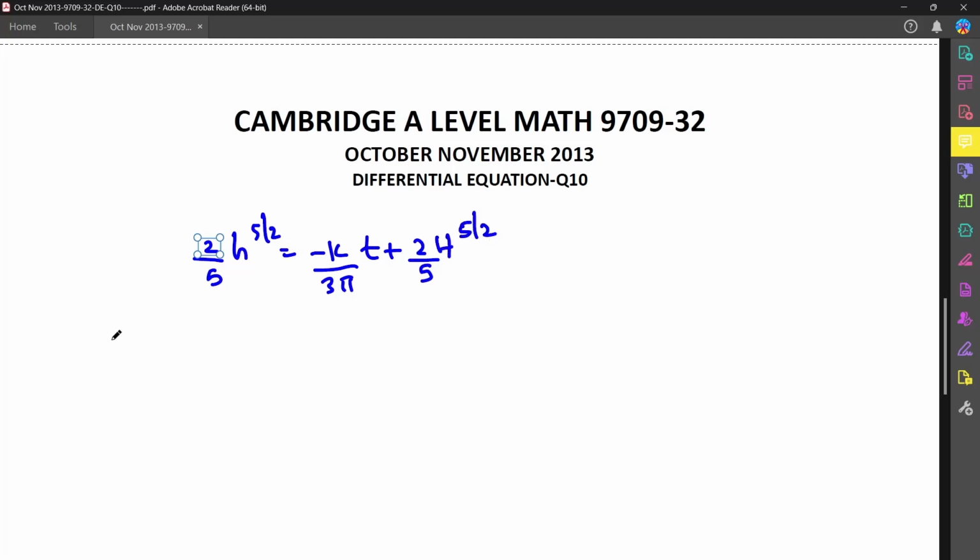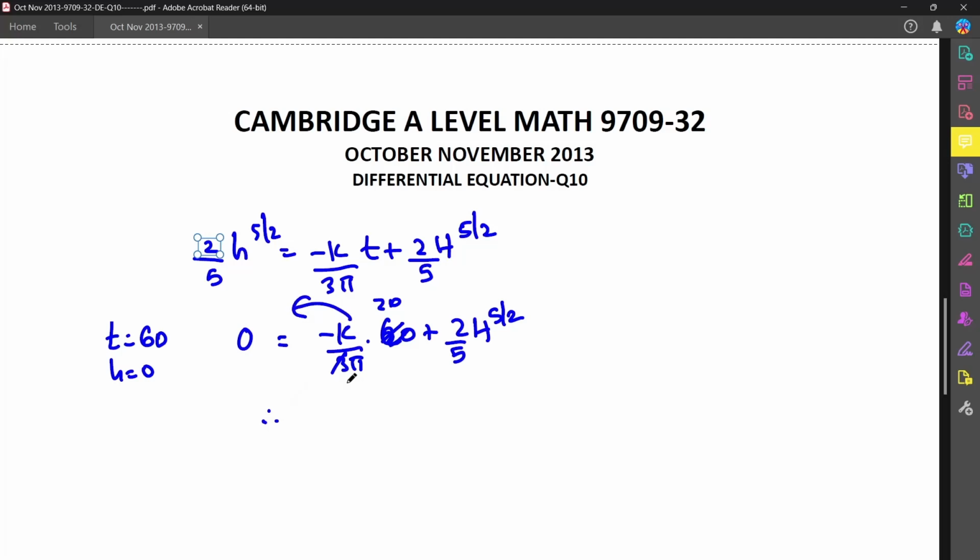Now let's use the condition when t is 60, small h is 0. So this becomes 0 equal to minus k by 3 pi times 60 plus 2 by 5 capital H to the power 5 by 2. So 3 divides 60 20 times.